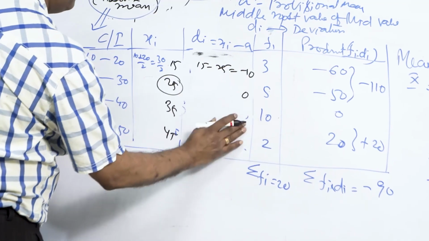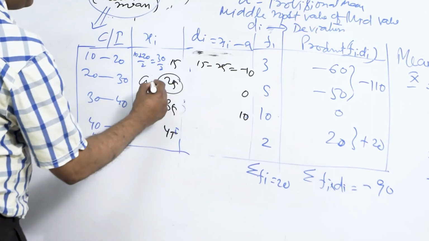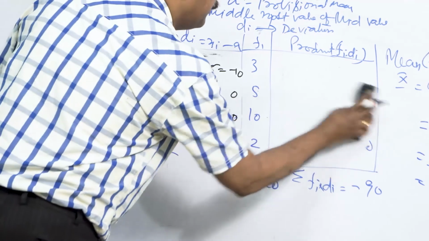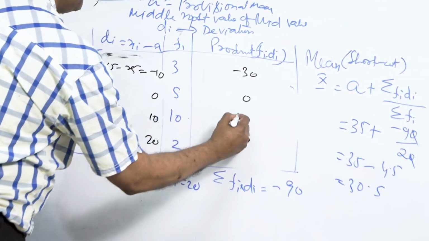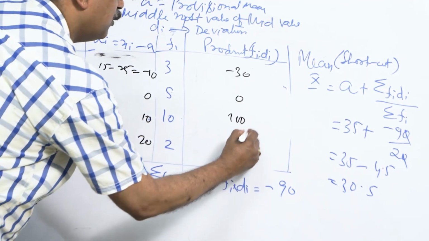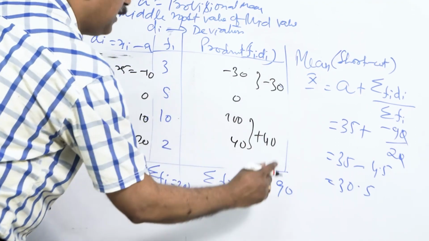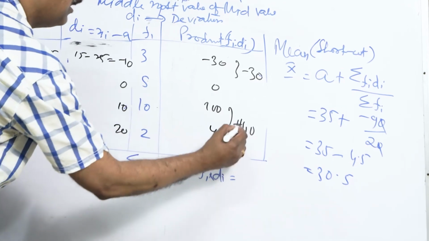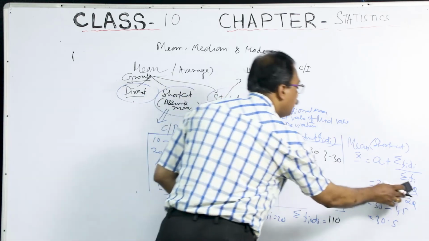Then it is 0. It is 10, plus 10, because Xi first then A. Then it is 20. So if we multiply here, what will you get? You will get here minus 30, it is 0, it is 100, and 10 times 4 is 40. So we will get plus 40 here and minus 30. If I subtract, a plus value will come. How much? 140 minus 30, how much? 110.